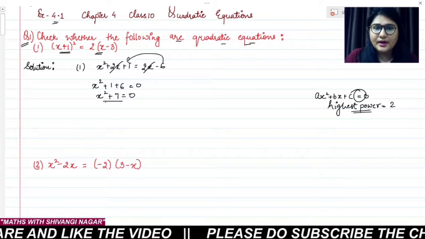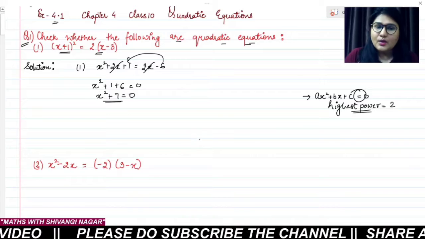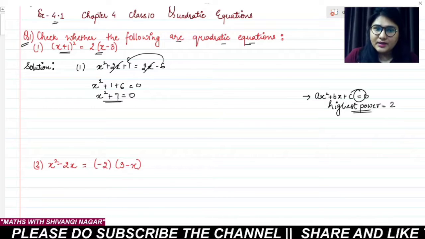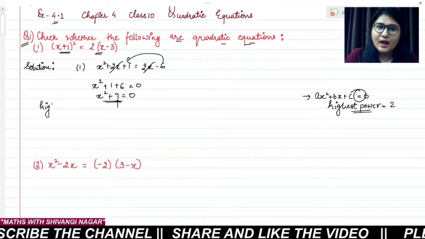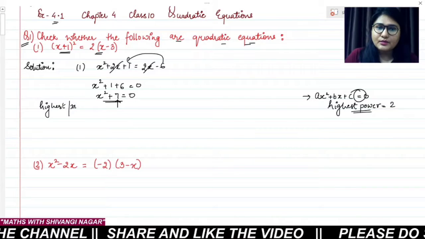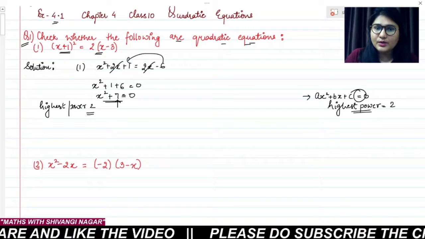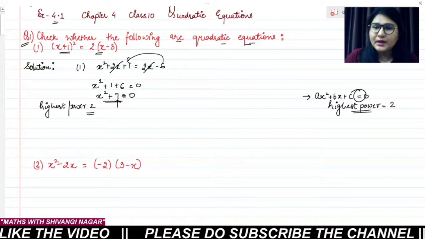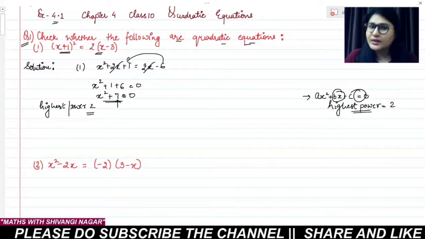Now if you compare this equation with the standard representation of a quadratic equation, is this a quadratic equation? Yes. Here the highest power is 2, and we have the equal to sign also. Although the middle term, the bx term, the x power 1 term, is missing, it's okay.